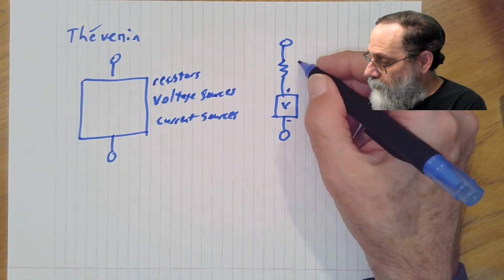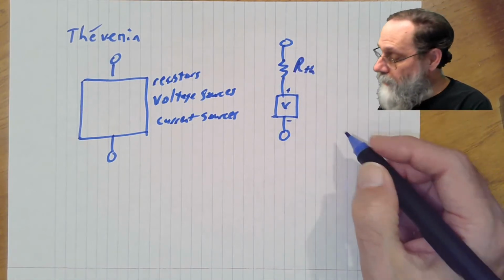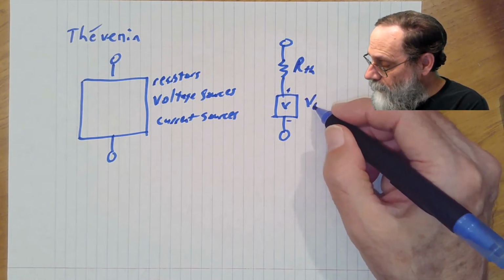And this resistance is known as the Thevenin resistance. This voltage is known as the Thevenin voltage.